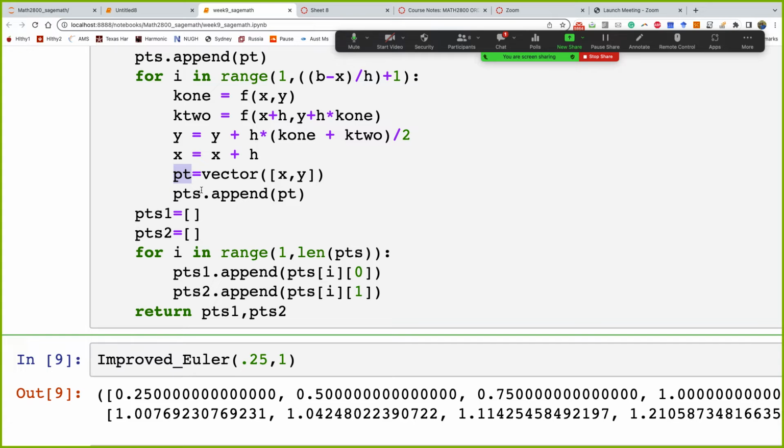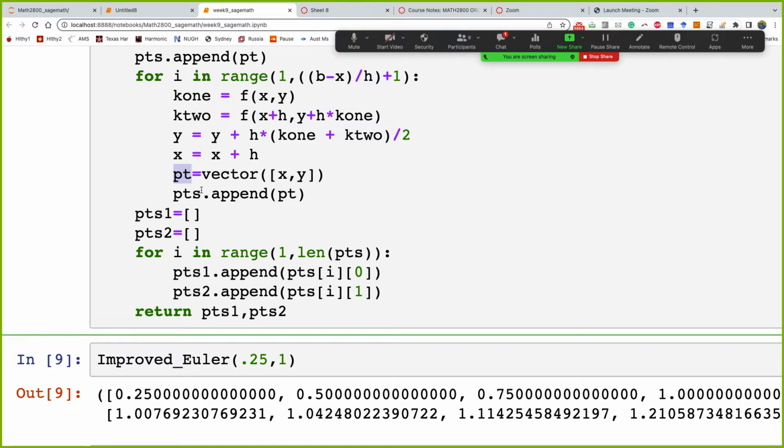So I add this every time inside the loop to the big list of the solutions, pts. So pts now has xy, xy, xy, xy. So I call pts1, pts2. I will use these two lists in order to append, to separate my x's and y's.